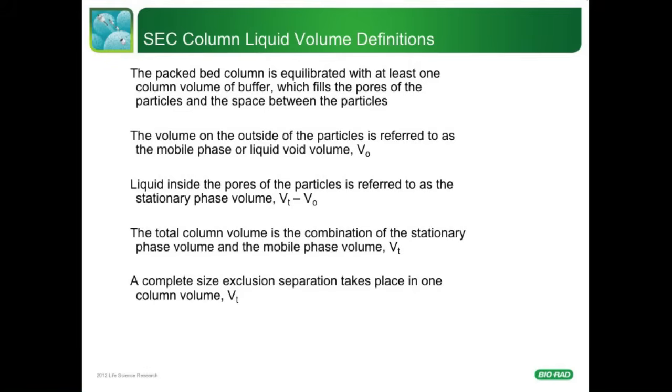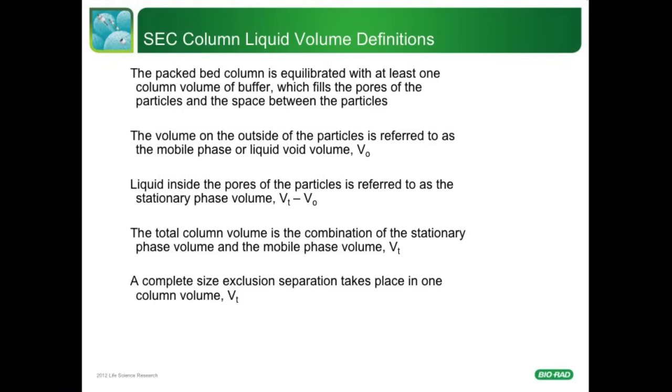And so I'm going to define those different parts of the volume the liquid is occupying within that size exclusion chromatography column. The volume on the outside of the particles is referred to as the mobile phase or liquid void volume, commonly referred to as VO, and it's also commonly referred to as the void volume.